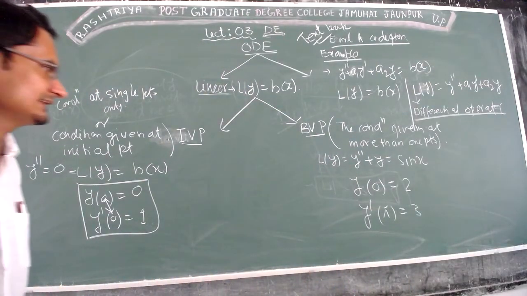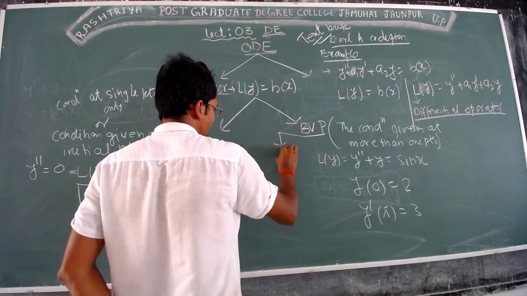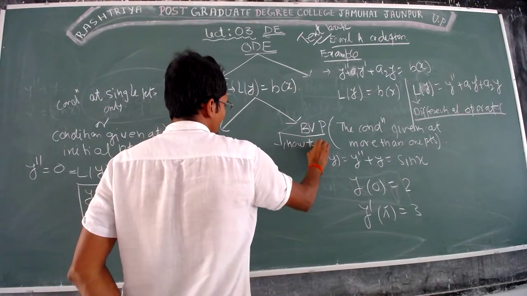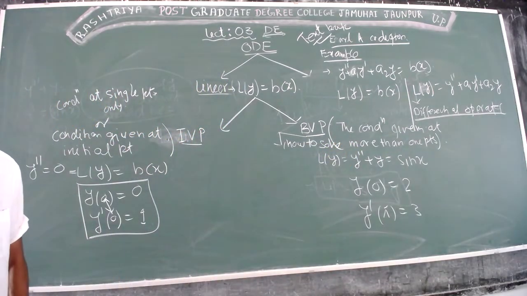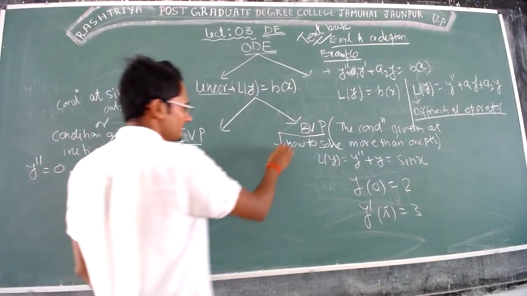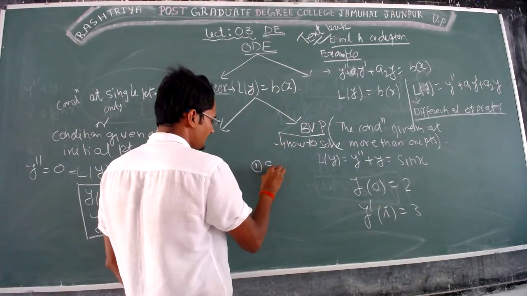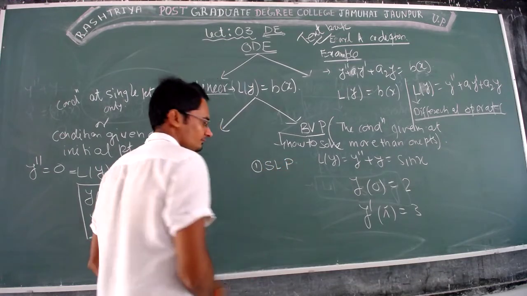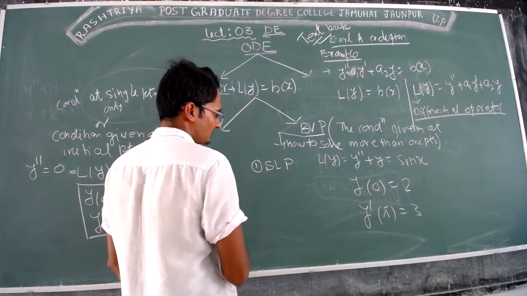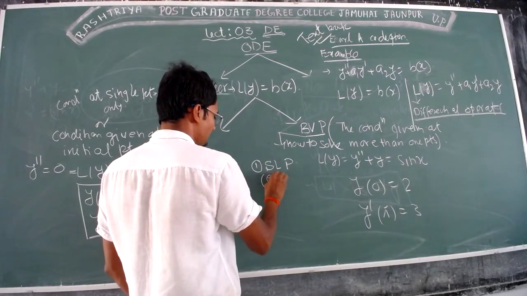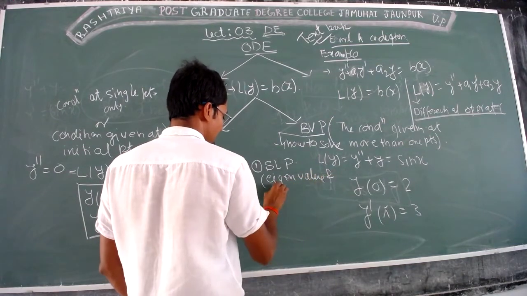Then the question arises, what are the methods available? How do you solve it? Here we have so many methods. One is the Sturm-Liouville problem, which is associated with eigenvalues and eigenvectors.